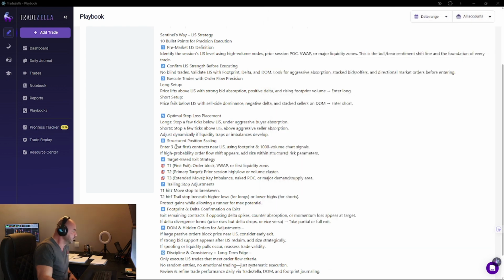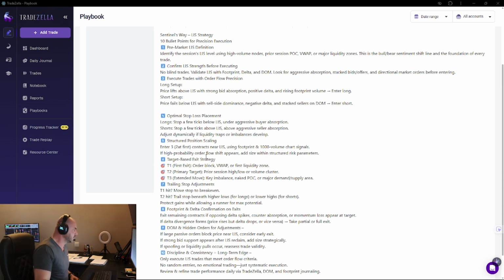So you enter with 2 contracts at first, just to test contracts near the line in the sand, using footprint or 1000 volume charts or whatever charts you use. These are just the charts that I use. If high probability order flow shifts happen, you can add size within structured risk parameters.